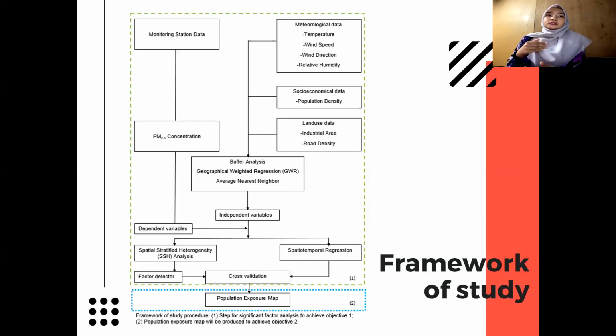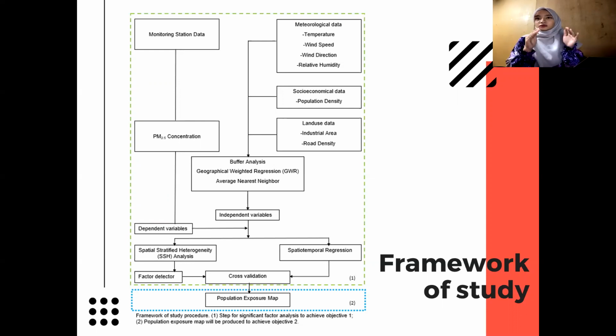For the meteorological data, socio-economic data, and land use data, we will do analysis as shown, and then the independent variable and dependent variable are combined. We do a process called spatial stratified heterogeneity and spatial-temporal regression.